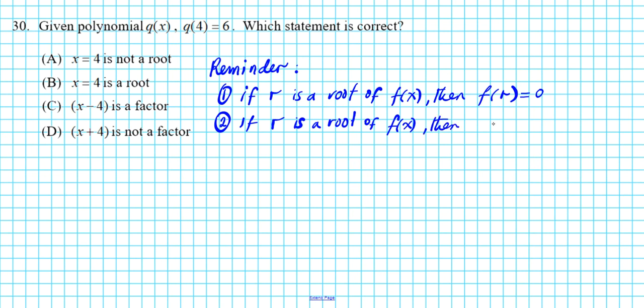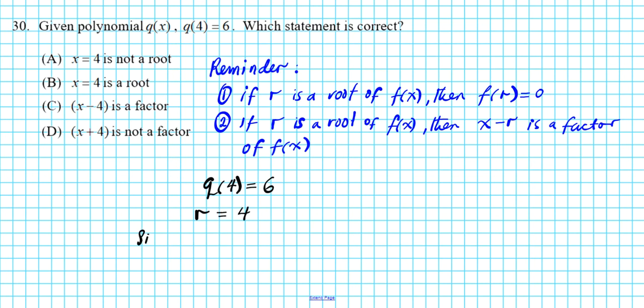Then its related factor x minus r is going to be a factor of f of x. Okay? So those are the two things we want to keep in mind. Now for q of x, we know that q of 4 equals 6. So our r value here is equal to 4.